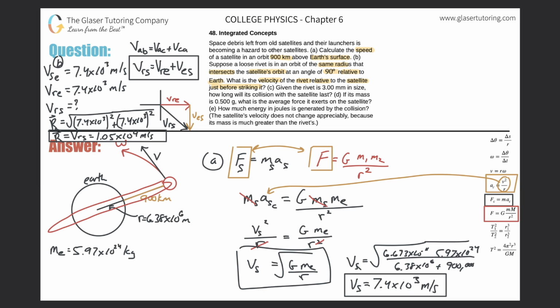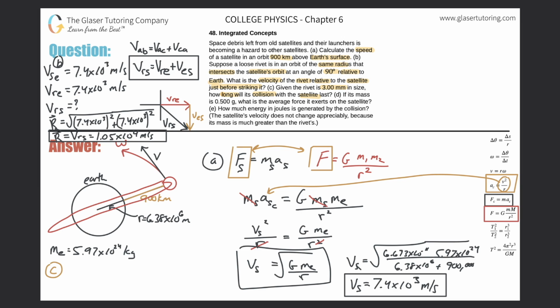Given the rivet is 3 millimeters in size, how long does its collision with the satellite last? How long does it last? So let's do number C. I'm going to do C at the bottom left.